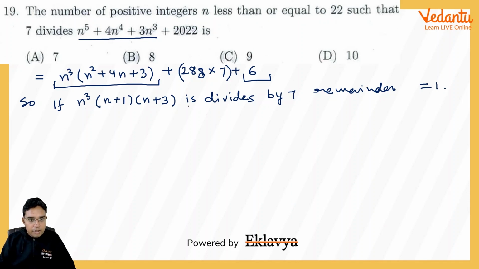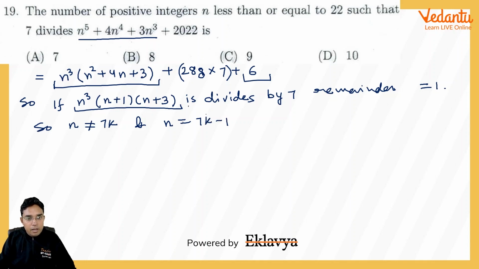And you can check, because if this when divided by 7 is giving us a remainder as 1, so this n cannot be equal to 7k, because then this product will be multiple of 7, and also this number cannot be 7k minus 1, because then this n plus 1 will be a multiple of 7, so this remainder will not be 1, and also n cannot be 7k minus 3, because then also this remainder will not be 1, because this number will be completely divisible by 7.